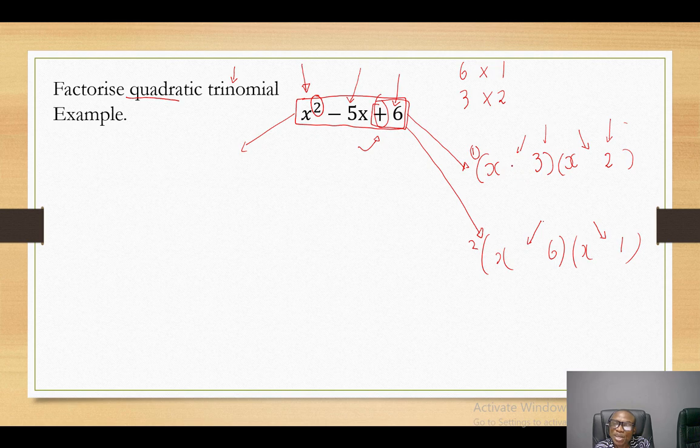So it's going to be negative. This 3, because it's higher than 2, has to take the sign of the middle term, which is negative here. But the last term has already told me, this positive, that the signs need to be the same. So I have to say negative, negative. So only one is going to be correct between this one and this one.